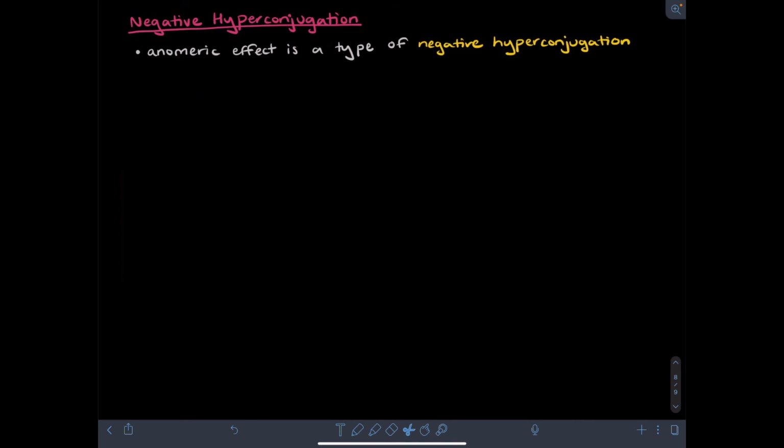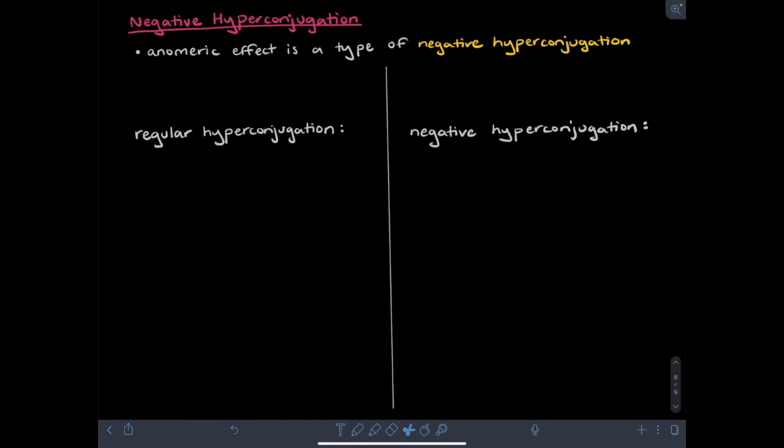You'll sometimes see the anomeric effect being referred to as a type of negative hyperconjugation. I want to compare regular hyperconjugation to this new type of negative hyperconjugation. Regular hyperconjugation is typically donation of a sigma bonding orbital into an empty p orbital.